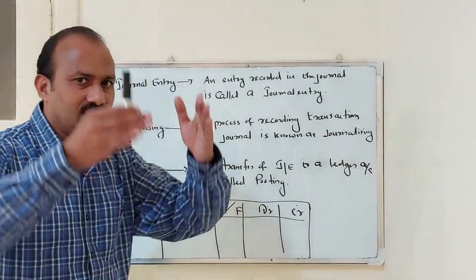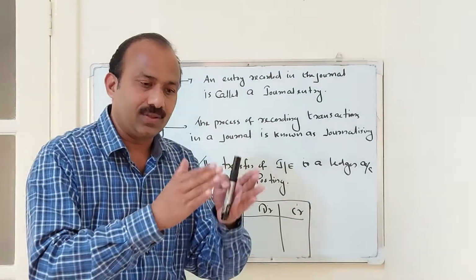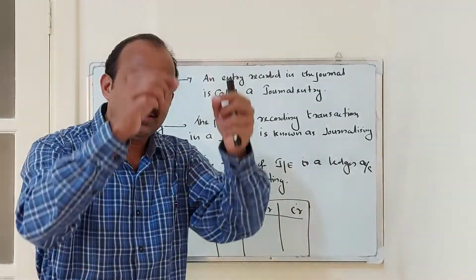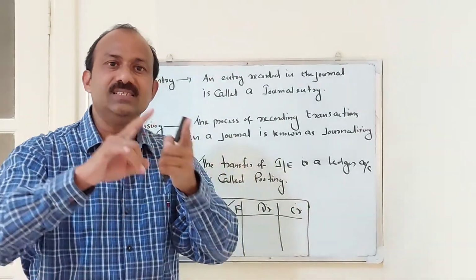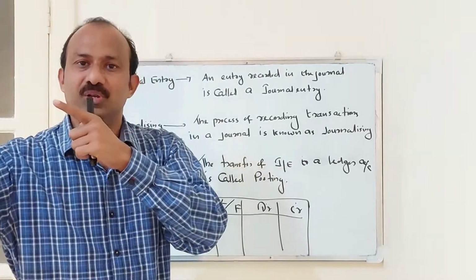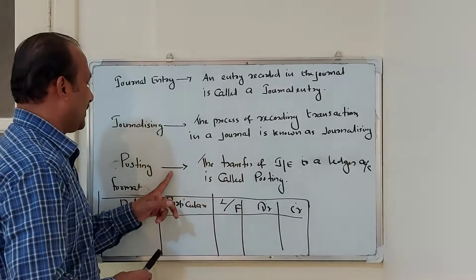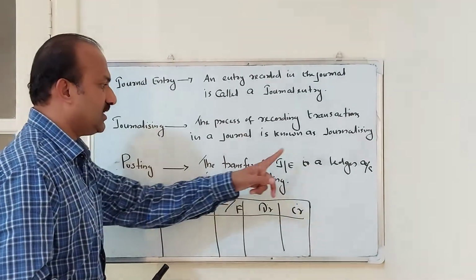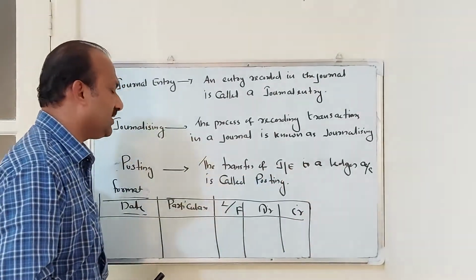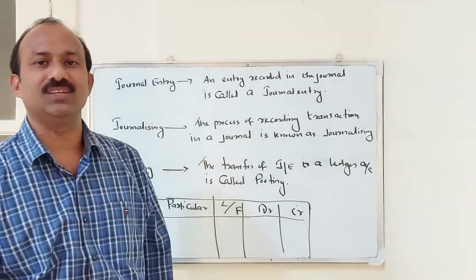After journalizing is over, you can transfer all the entries from the journal to another important book known as the ledger. The transfer of journal entries to a ledger is called posting.